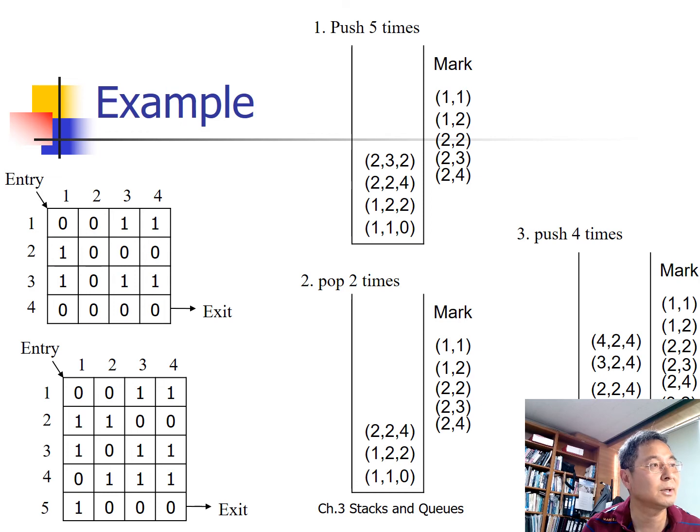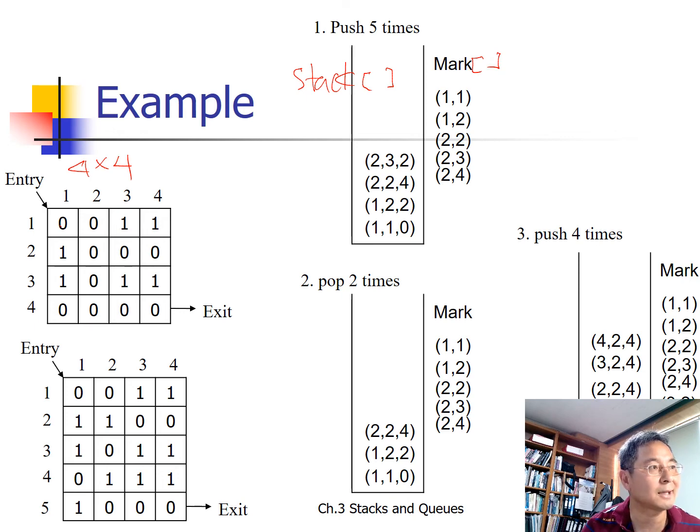Okay, so this one is a 4x4 maze problem. Now 4x4 maze problem. Okay, so this has a whole solution here. So this is also stack operation, and this is a mark here.